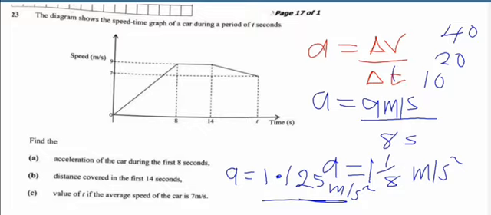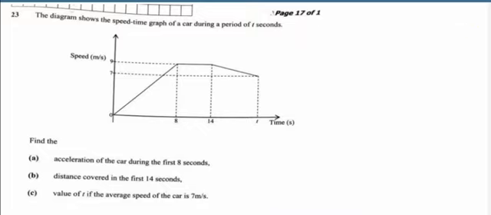Then question B. Distance covered in the first 14 seconds. So the area under the graph is equal to the distance traveled by an object. So we need to identify the shape of this one here. Okay, so this shape here is called a trapezium.